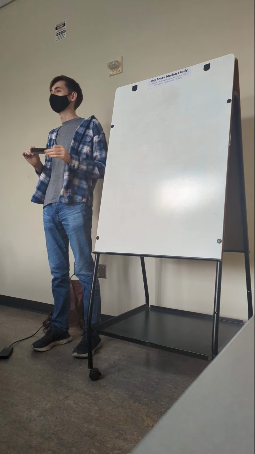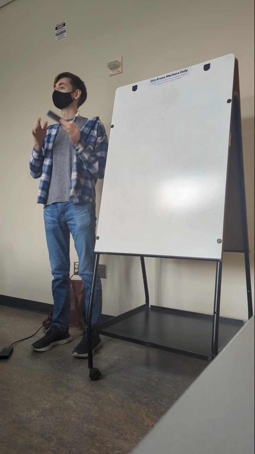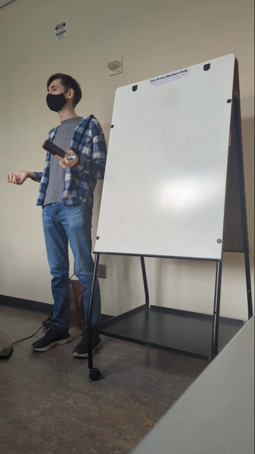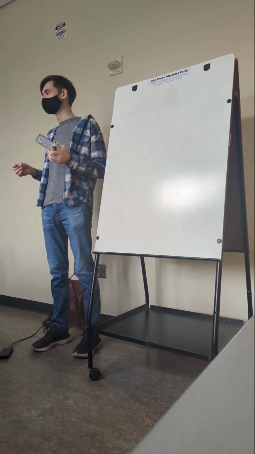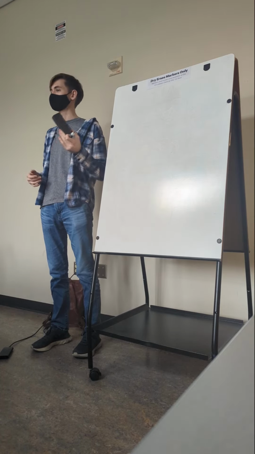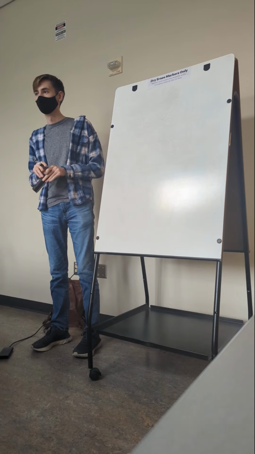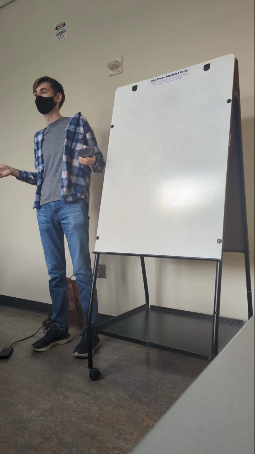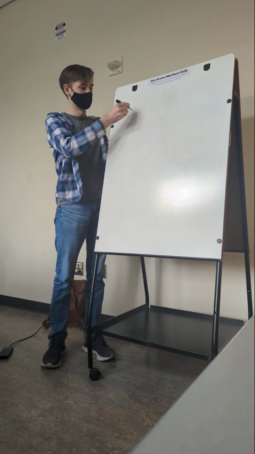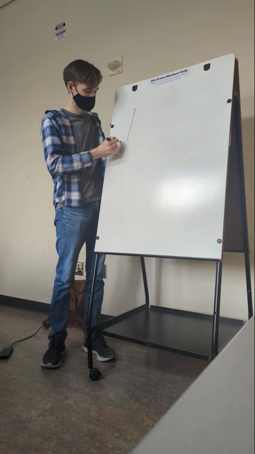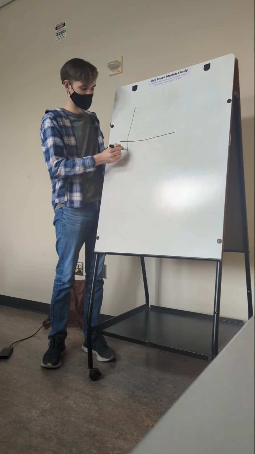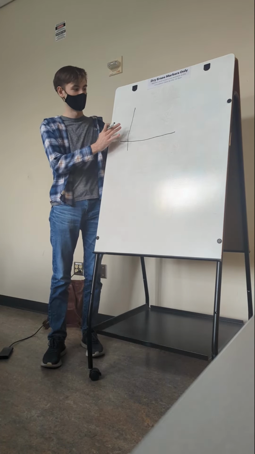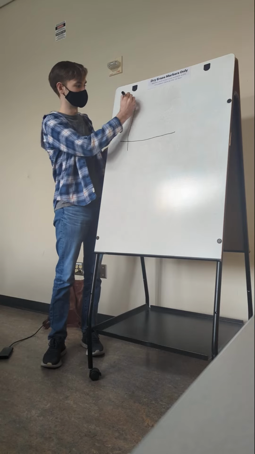And we have to have some way of telling the network when it does good and when it does bad. So usually we have some function that we call cost, or sometimes loss, which says how good the network did. Now I'm going to draw a graph, and the y-axis is going to be loss.